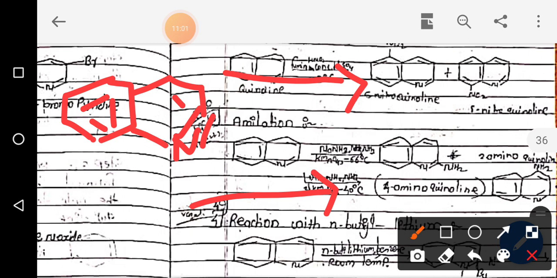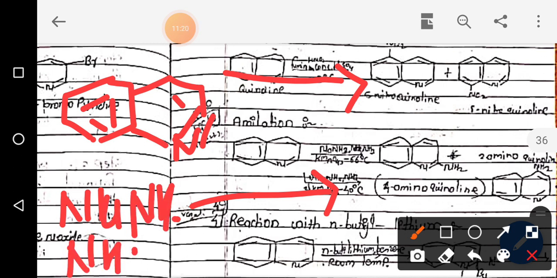The only difference is in the temperature. All reagents are the same: NaNH2 is the same, NH3 is the same, KMnO4 is the same. This part is the same for both reactions, for both arrows.